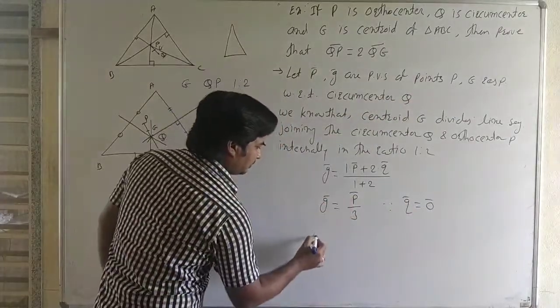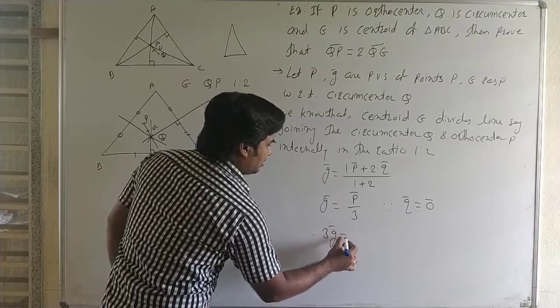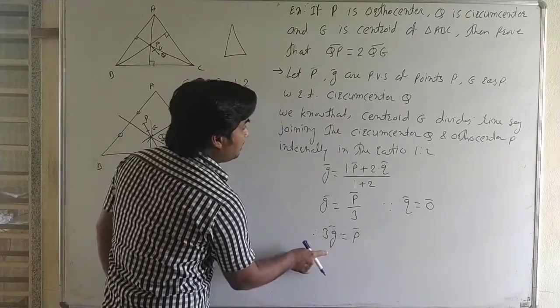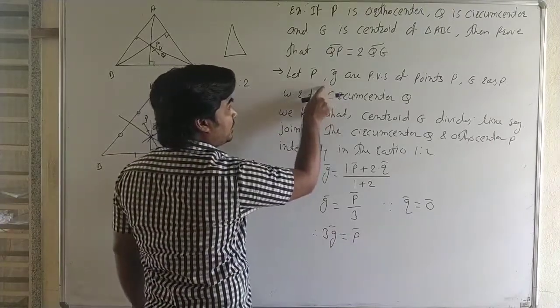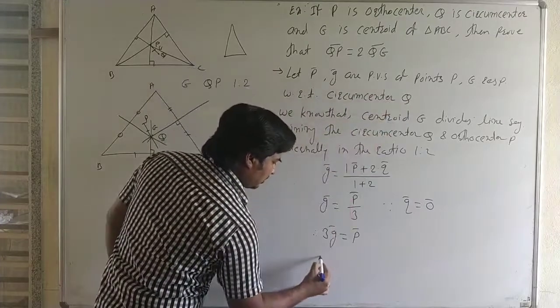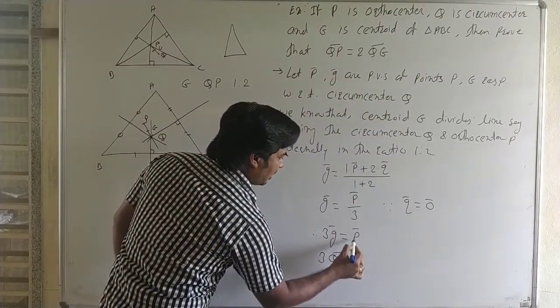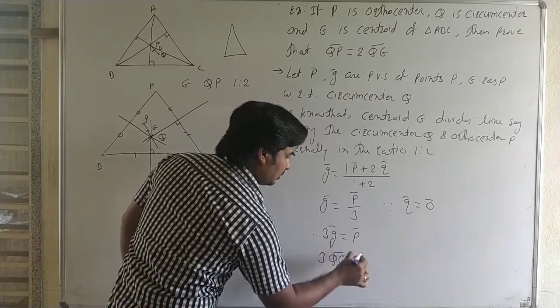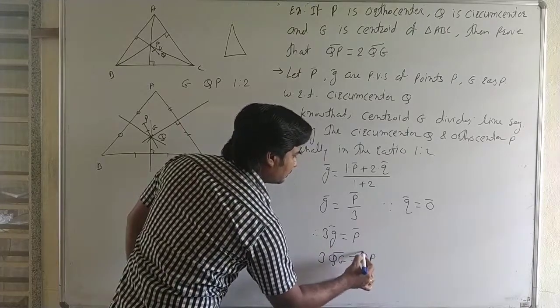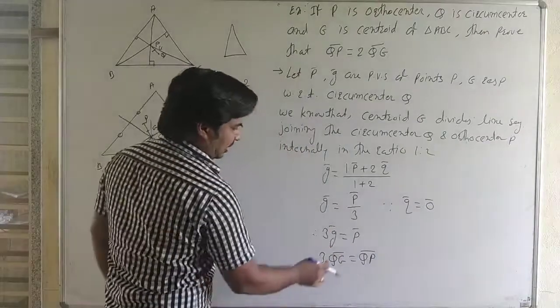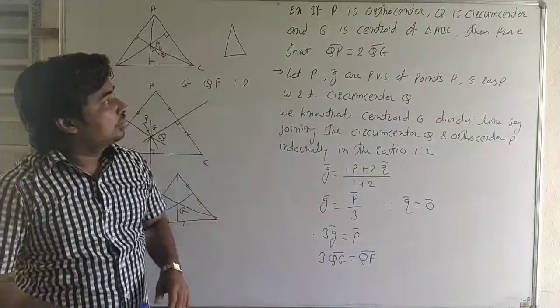Then 3G bar is equal to P bar. G bar is the position vector of point G with respect to Q, therefore it is QG, and P bar is the position vector of point P with respect to Q, therefore it is QP. And this is the proof: QP is equal to 3 into QG.